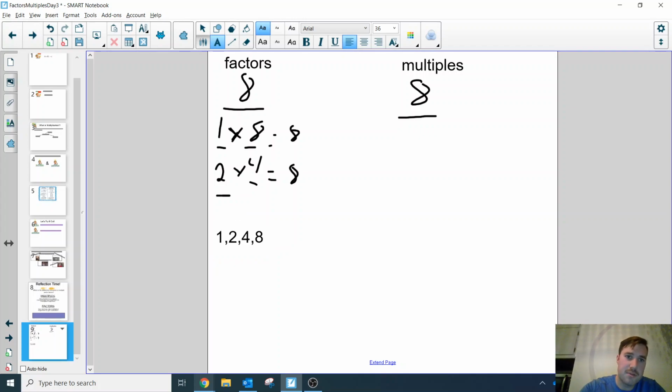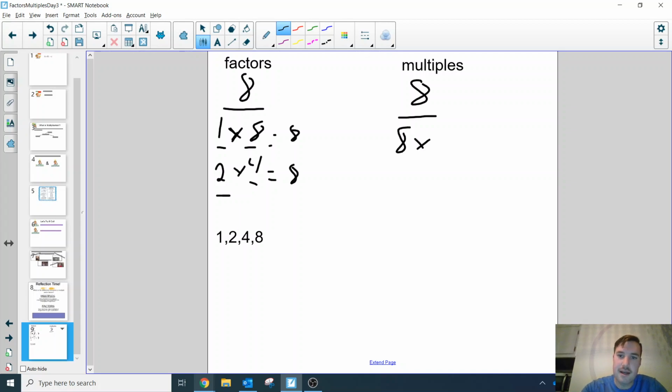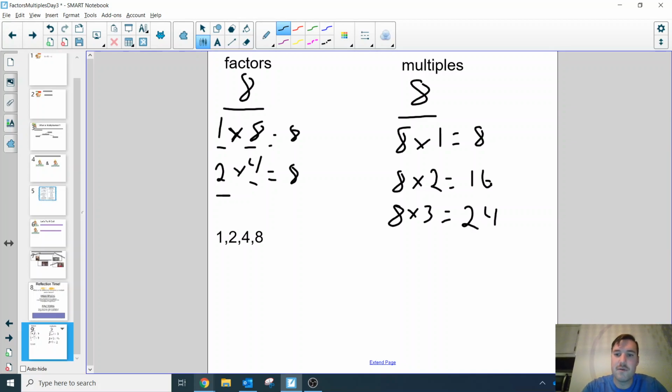Now if I'm thinking of multiples, I'm thinking 8 times a number is a multiple. So I'm just going to start out easy and say 8 times 1, 8 times 2, and 8 times 3. So 8 times 1 gives me 8, 8 times 2 gives me 16, and 8 times 3 gives me 24.